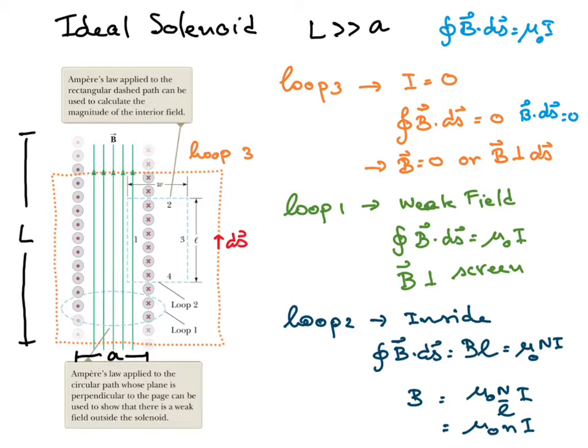Now you can see that if we look at loop number 3, outside the solenoid, we can have the vector ds in 2 directions. That is, at this direction and at this direction.